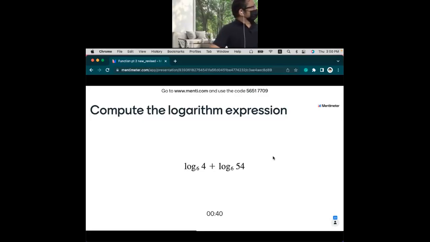So logarithm is asking the powers, right? Okay, so that's how it is.